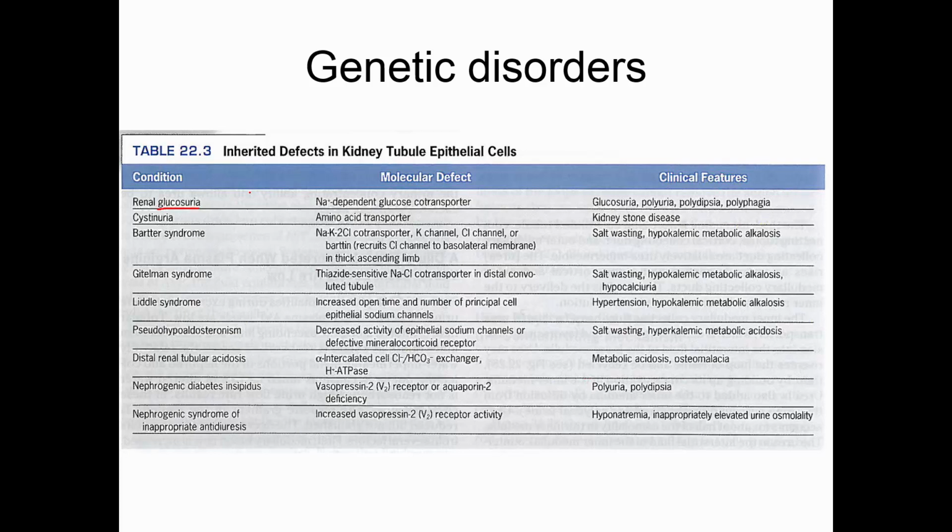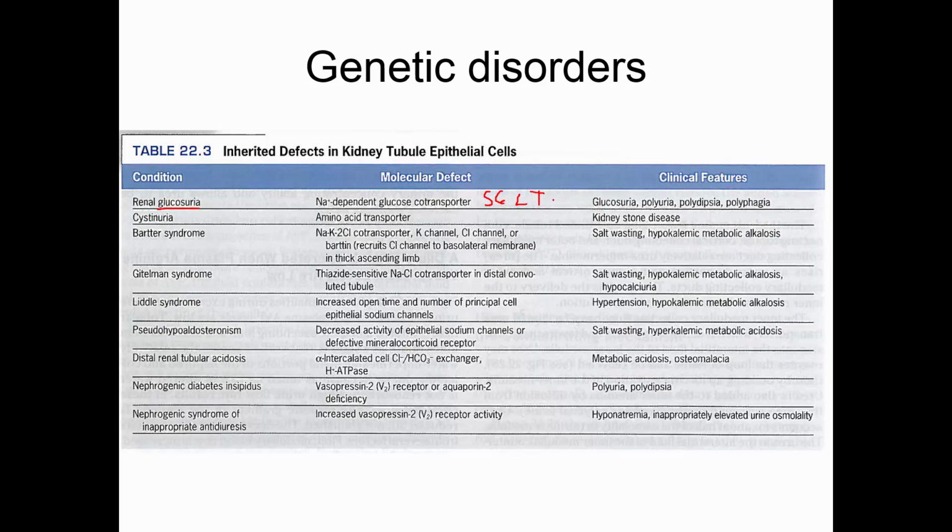This is exactly the situation. Most of the time when somebody has glucose in their urine, you would say, oh, this person has diabetes. However, there is a genetic condition called renal glucosuria, and it's because that SGLT transporter has a mutation in it.